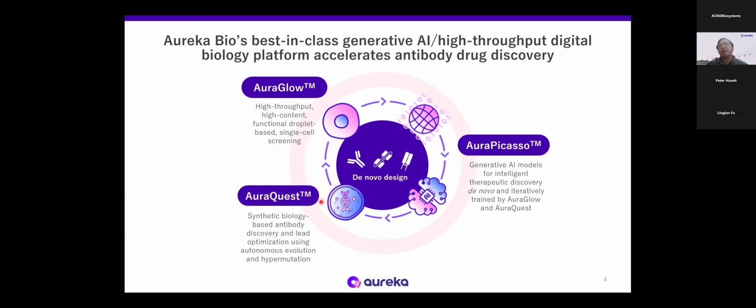You can basically regard this as a very, very fast affinity maturation in the test tube. Then after further screening out some of the candidates, it goes into a cell-based assay.